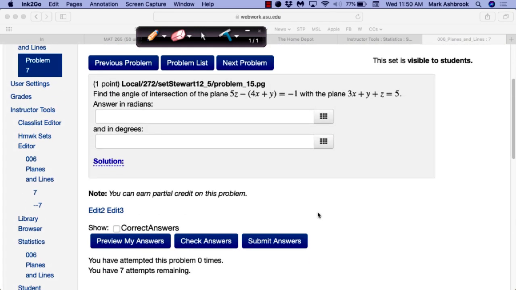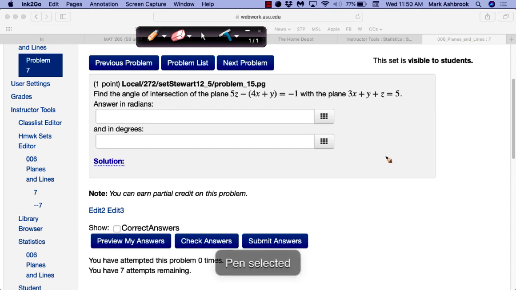Okay, so here's one that's for the assignment that's due tonight. It seems like this one has a little bit lower success, so let's talk about this one. So if we've got two planes, let's see if I can draw this here.